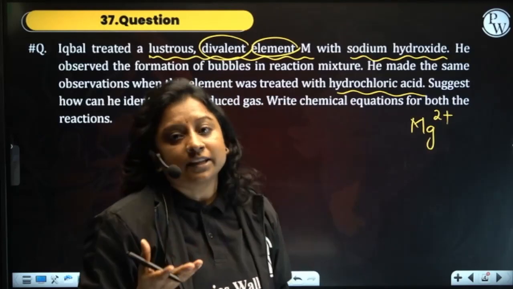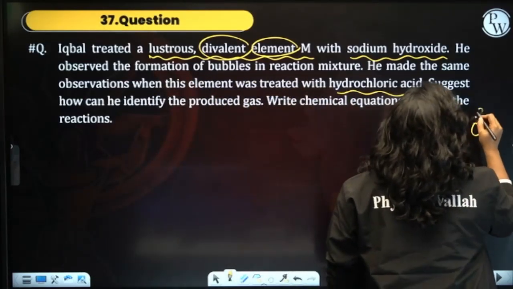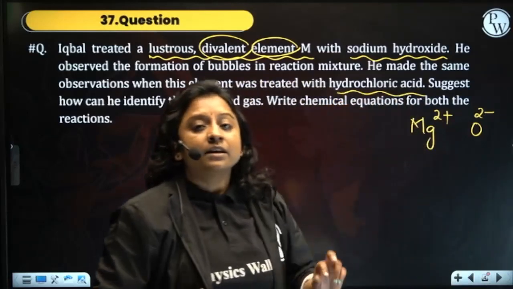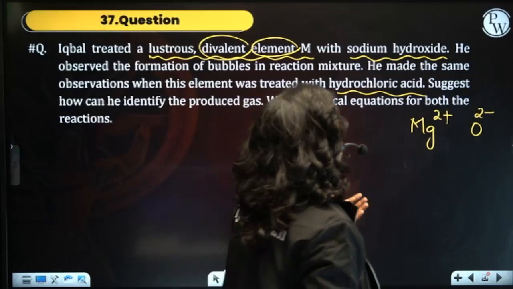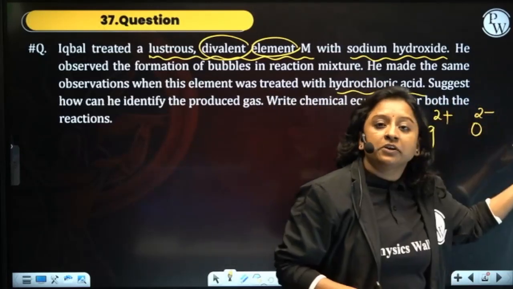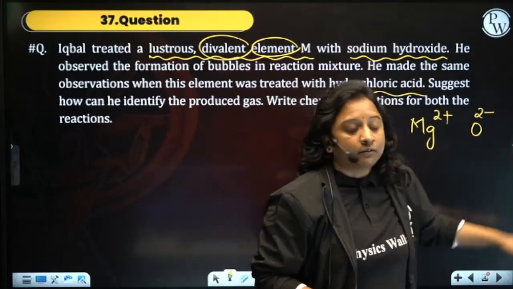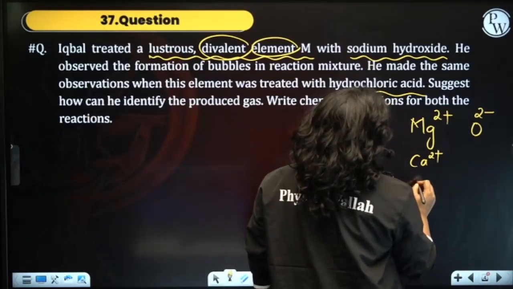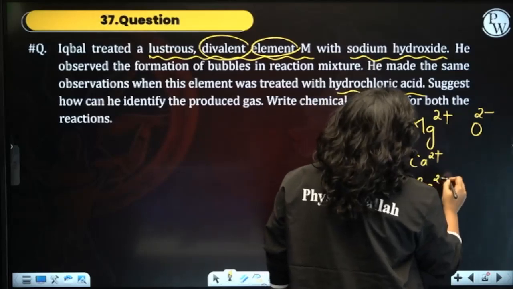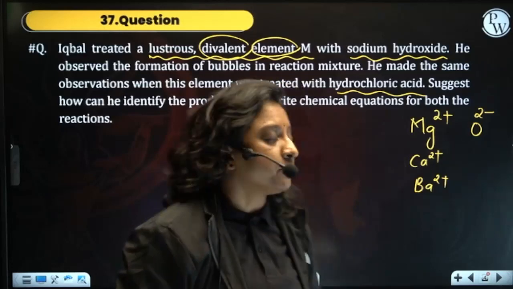Divalent doesn't mean only positive. Divalent means it is combining with 2 other atoms, not by sharing but by losing or gaining 2 electrons. It could be positive or it could be negative. Calcium 2+, barium 2+. These are the metals which show 2 positive charges on a regular basis, right?